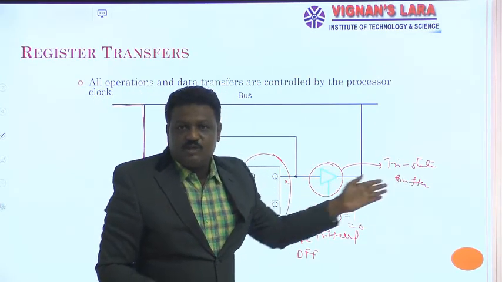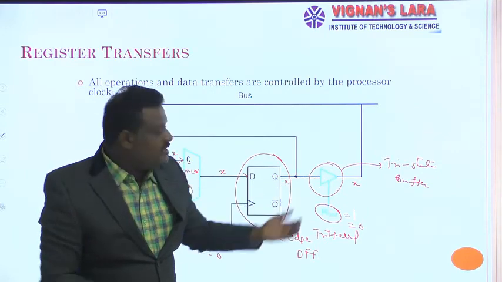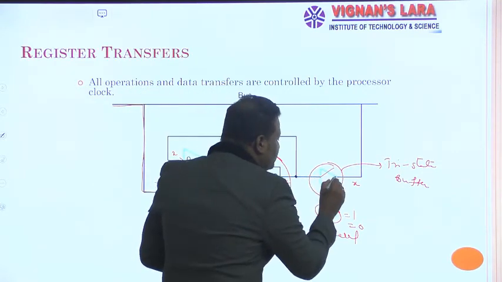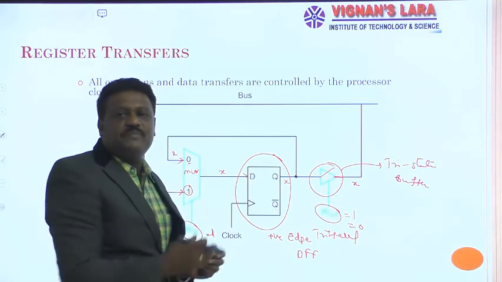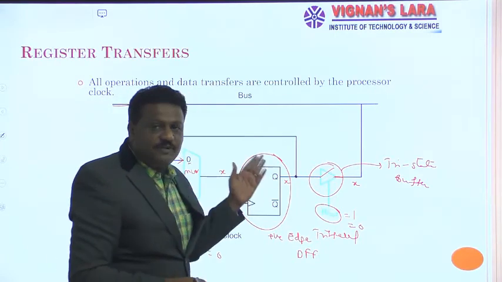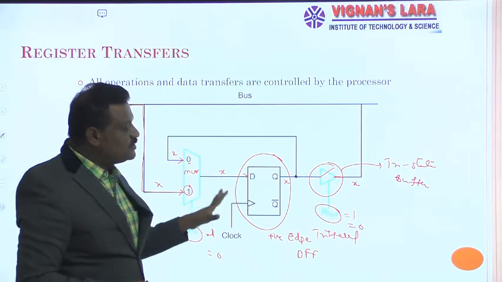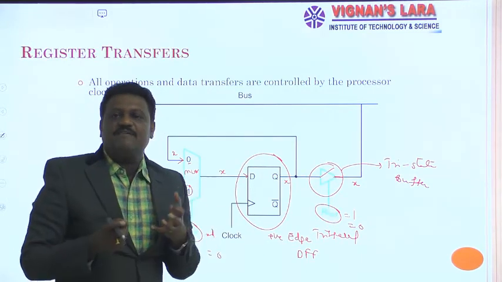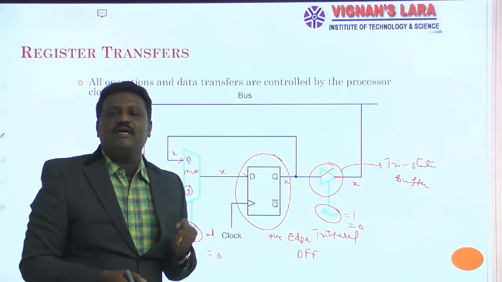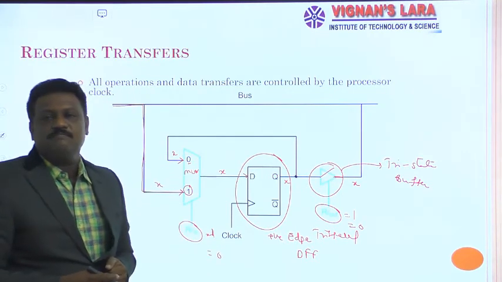That means it is in a logically disconnected state. There is no switch connection between this and this. The switch is opened, so the output of the flip-flop does not go to the bus itself. In that case, we are not transferring any value from register RI to the internal bus.